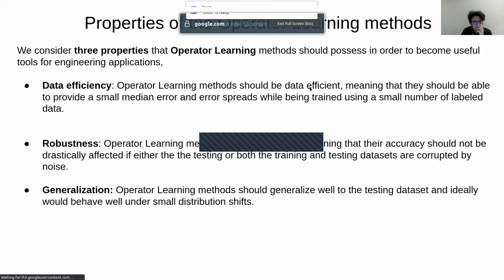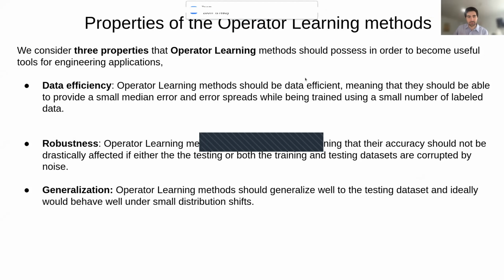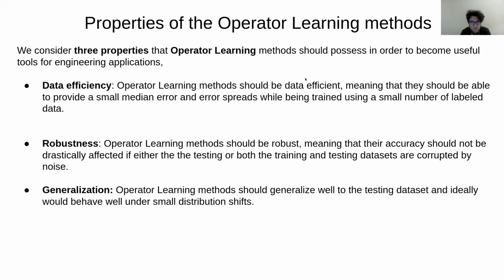Okay, so before going into comparisons and experiments, I would like to first talk about the way that we make the comparisons. For operator learning methods, we would like to have three properties. One, data efficiency, which means that they should be able to provide small median error and error spreads when trained on a small number of labeled data.